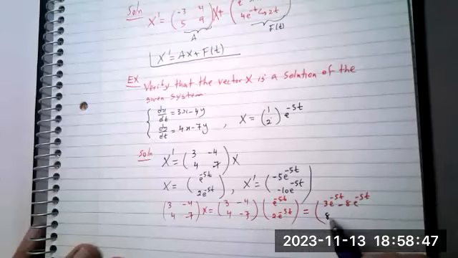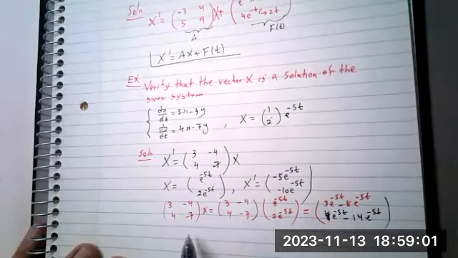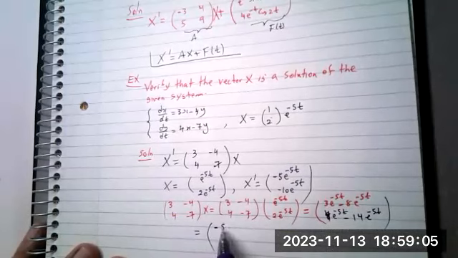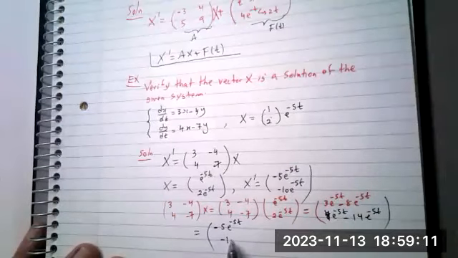Sorry, for the second row, the first one is 4e to the negative 5t, and this would be minus 14e to the negative 5t. Simplify it. The top gives you negative 5e to the negative 5t, and the bottom gives you negative 10e to the negative 5t.